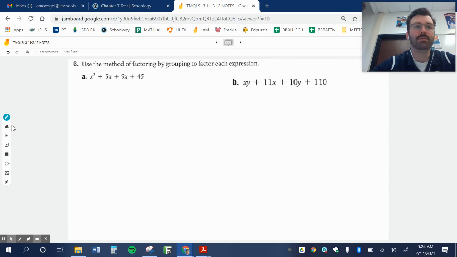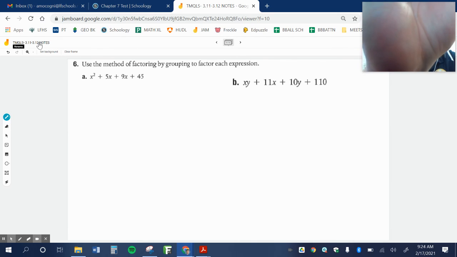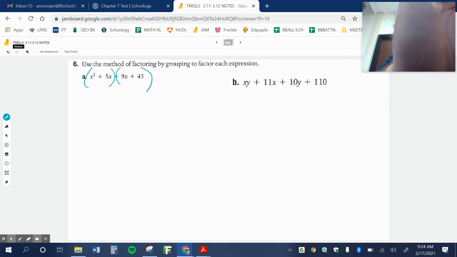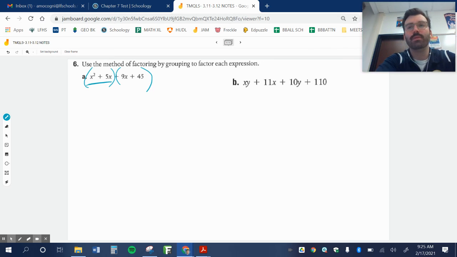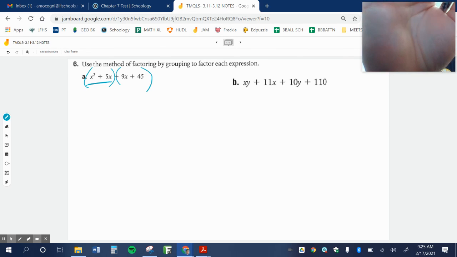All right, let's just take a look at it. So if I look at these, factor by grouping, I got the first 2 terms and the second 2 terms. These first 2 terms, what's the GCF between x squared and 5x? The GCF is just x. If I take an x out, I have x plus 5.